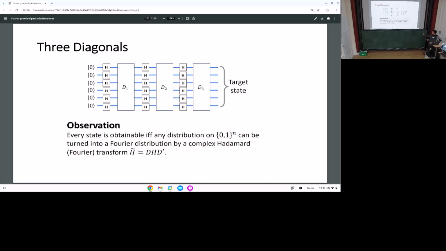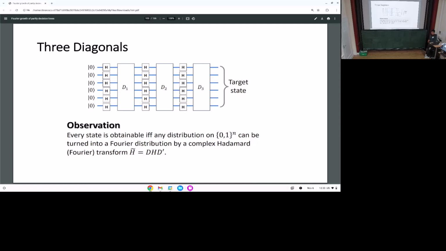But for the continuous case, this is the conjecture. If this is true, then it also gives a structural lemma for what is a Fourier distribution for complex Boolean functions. It will be any distribution after you properly change your basis of the Fourier transform.